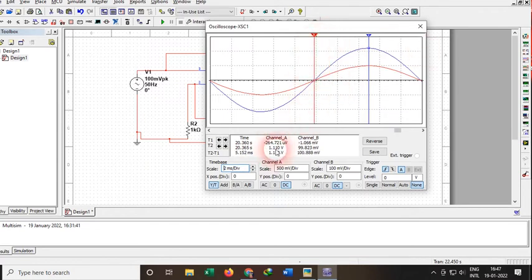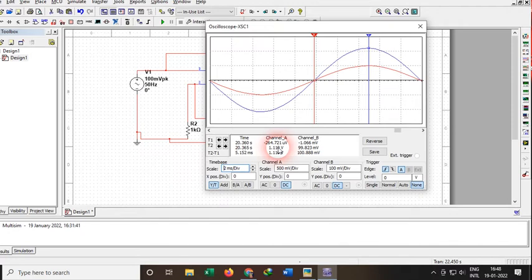So now just look here, in the second line, we have got the output of 1.11 volt when the input was 99.82 millivolt. So when you divide this 1.11 by 99.823 millivolt, you will get a value of around 11 point something.